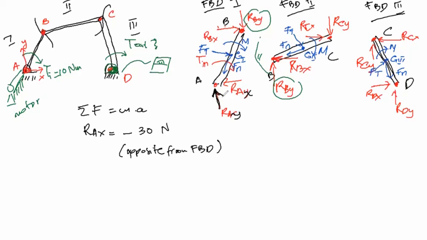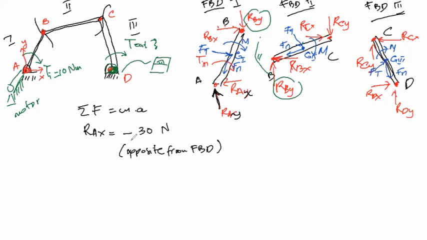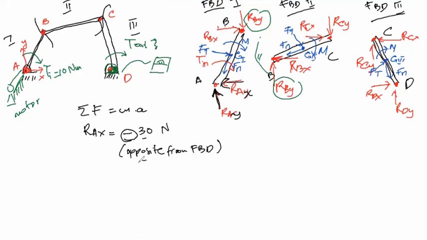It's okay also if you assume it is going downward. Both are correct. Once your calculation says this is minus, it means your RAX is in the opposite direction, and you can give a note like this: opposite from the free body diagram. Okay, thank you for the questions.